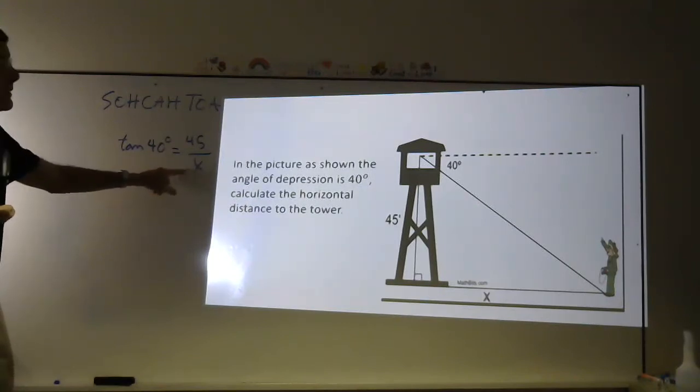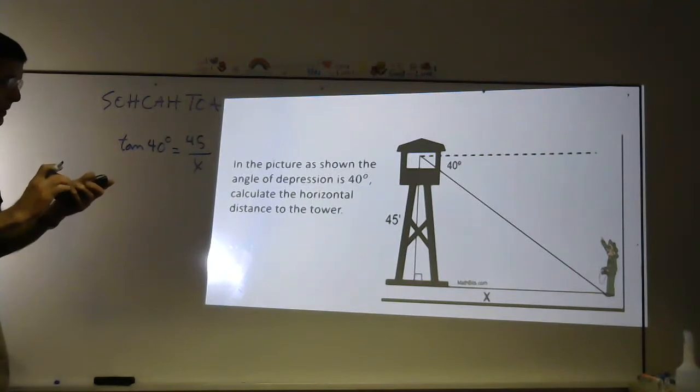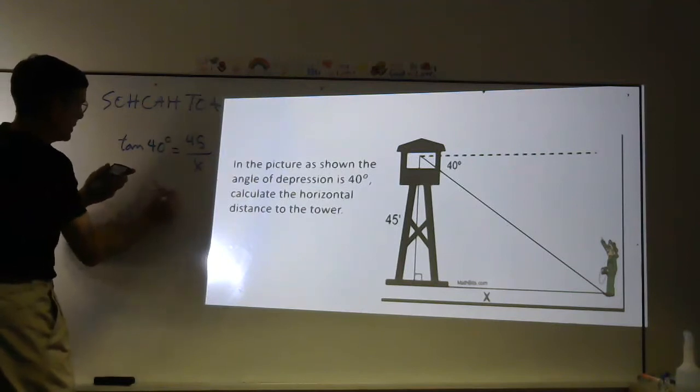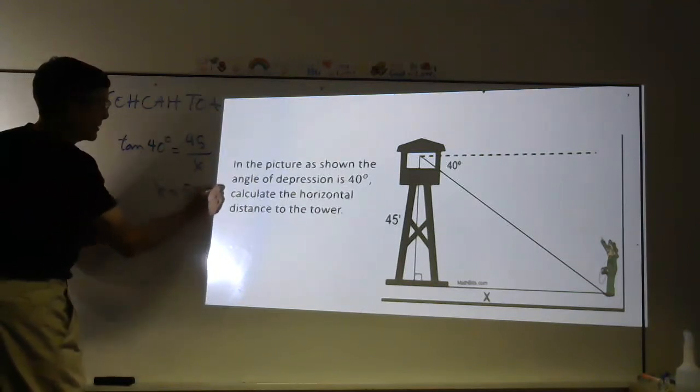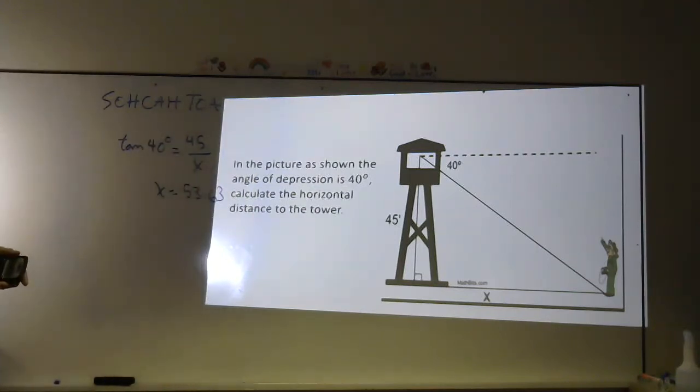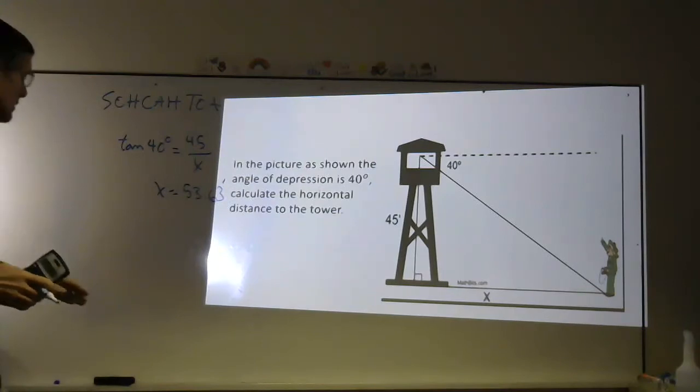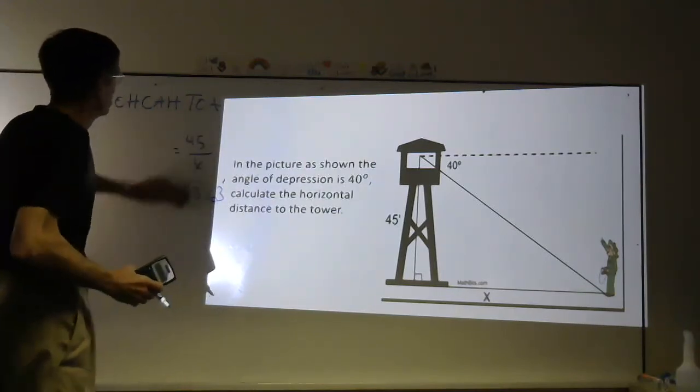You end up having to divide. So I'm going to shortcut that. I'm going to take 45 divided by the tangent of 40. And I get the horizontal distance is 53.63 feet.